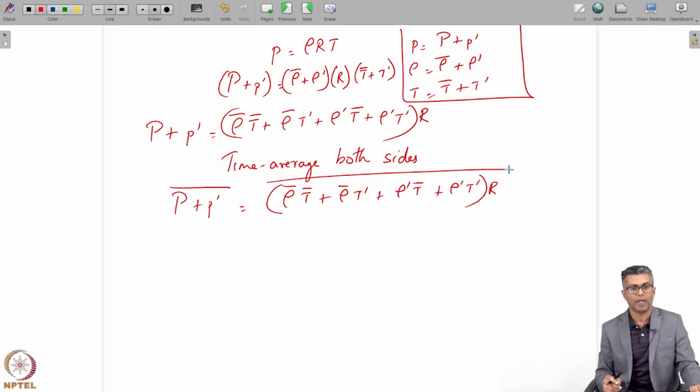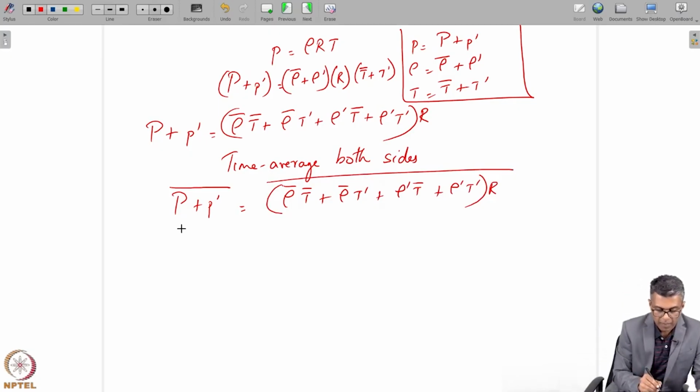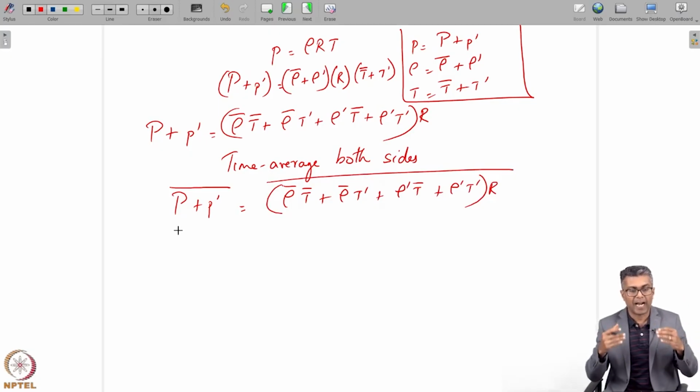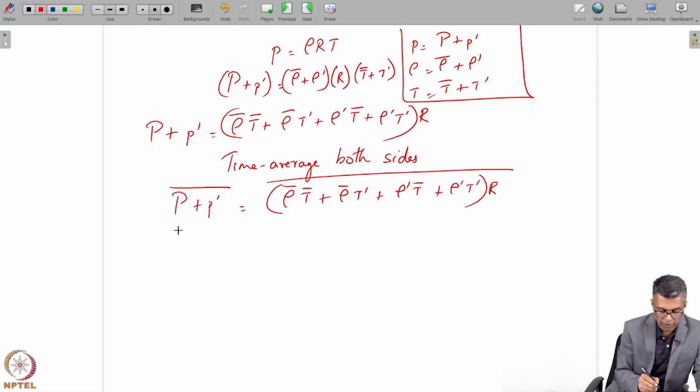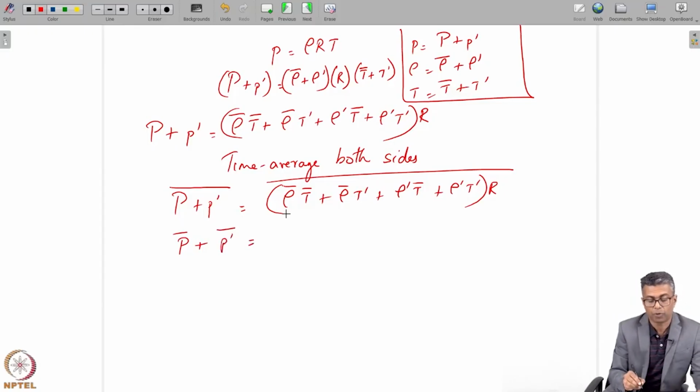Now here I have average of the sum of components. I can just take average of each one. So then what I'll have is P bar plus P prime bar equals. Now if I'm going to split each term, I'll have rho bar T bar and the average of that.